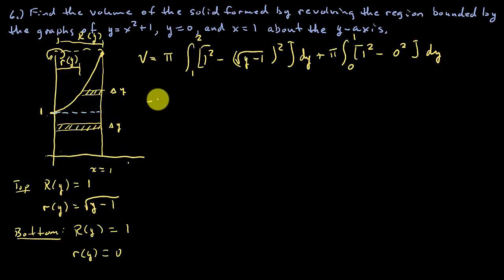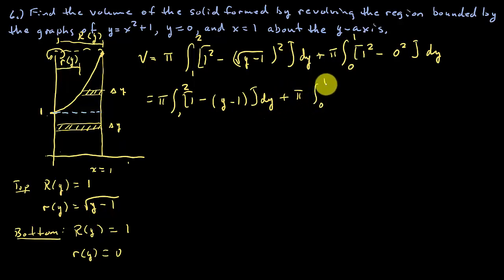All right, so I'm going to get pi times the integral from 1 to 2 of 1 minus (y minus 1). If I square the square root, it just gets rid of it. And that's times dy, plus pi times the integral from 0 to 1 of 1 squared, so that's just 1 dy.